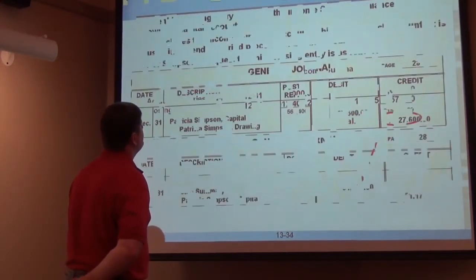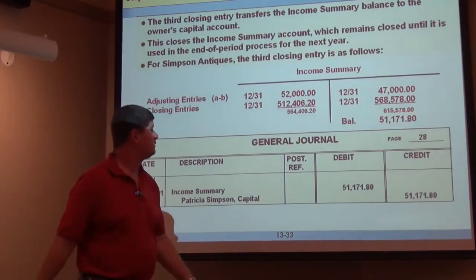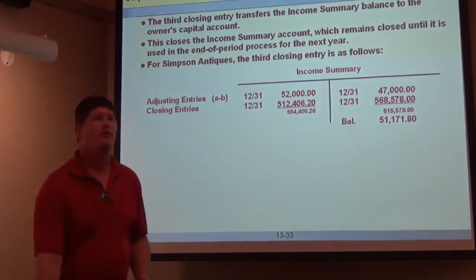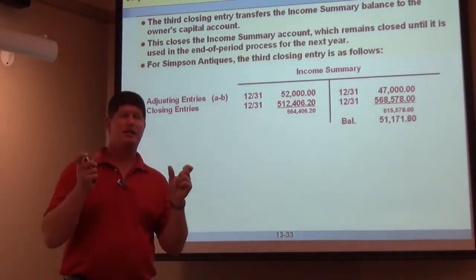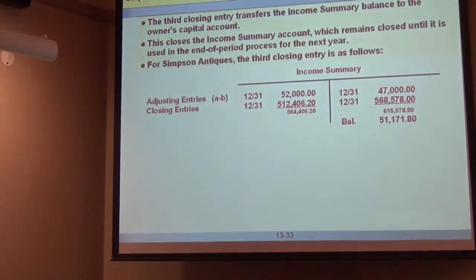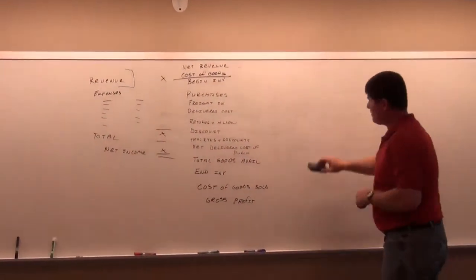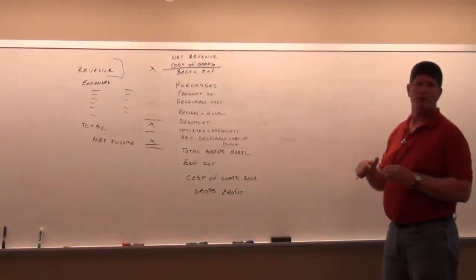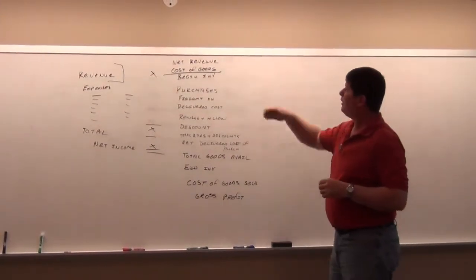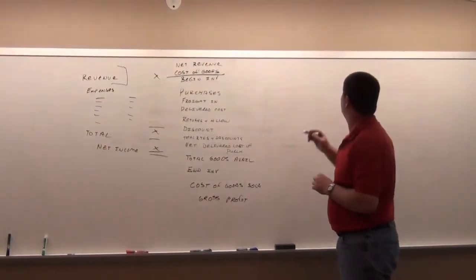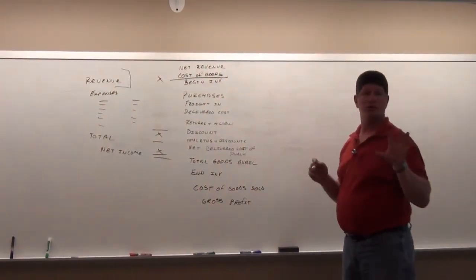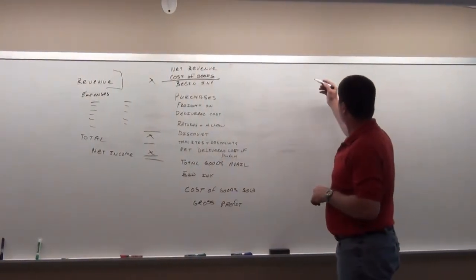Here's what we're doing to make the adjustment for the difference in beginning and ending inventory. We're going to have to slide over here. Remember our worksheet? We've got all of our accounts listed.